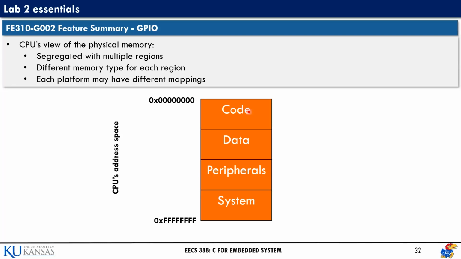We can read the data from the memory region, and we can also update the data in our memory region. So you see here we have different access permissions for the data of these different segments in our memory.